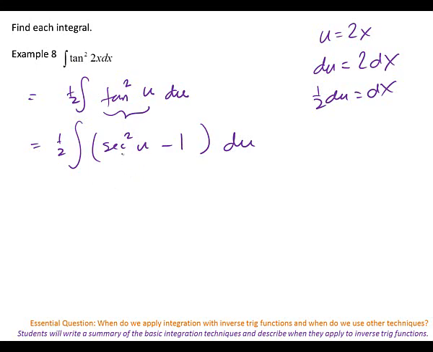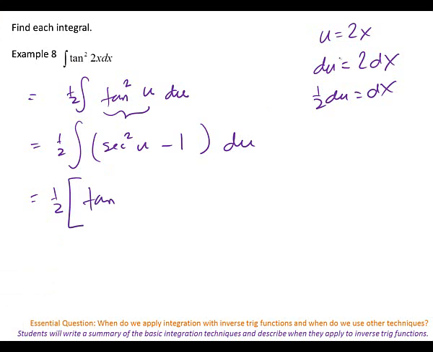You're going to see from here on in, through chapter 8, we're going to use a lot more of our trig identities than we did last year. Okay? So, 1/2. When we integrate secant squared, what do we get? Look at what it says on the chart. When we integrate secant squared, what do we get, guys? Tangent.